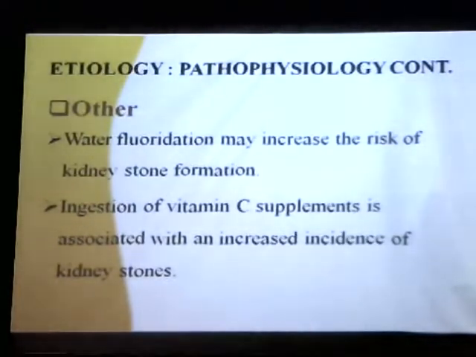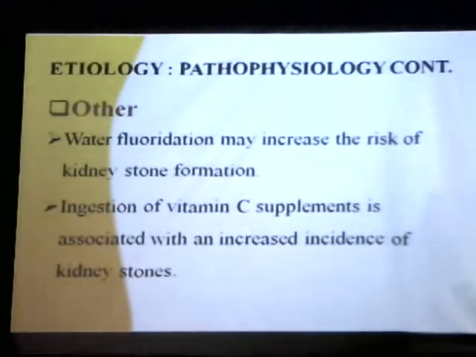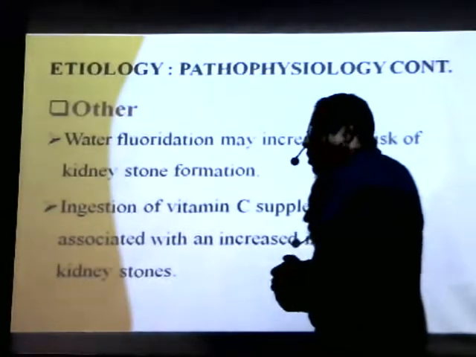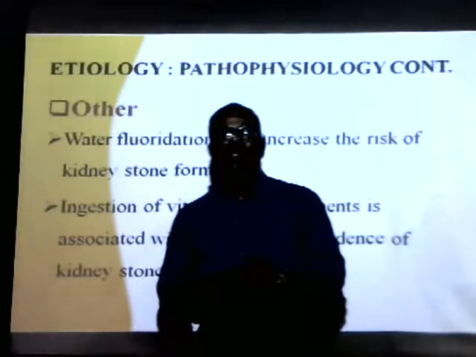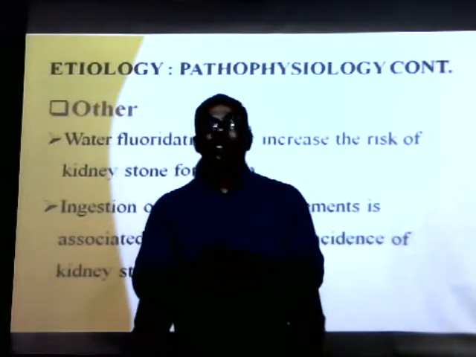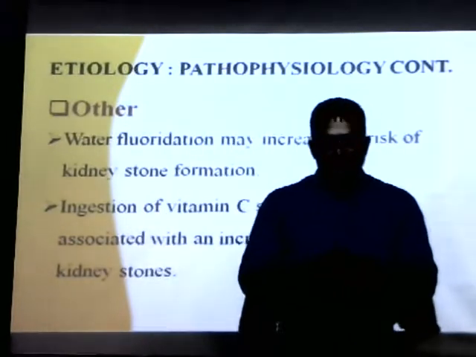Now among other factors, water fluoridation may increase the risk of kidney stone formation. What is water fluoridation? That is the presence of excessive fluoride and associated molecules in water.